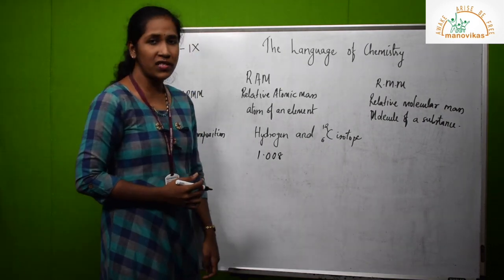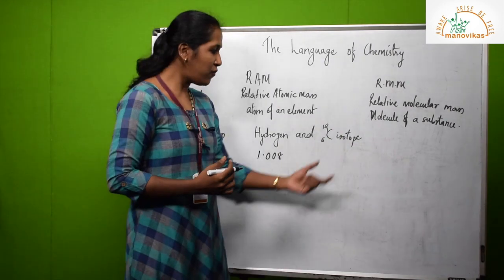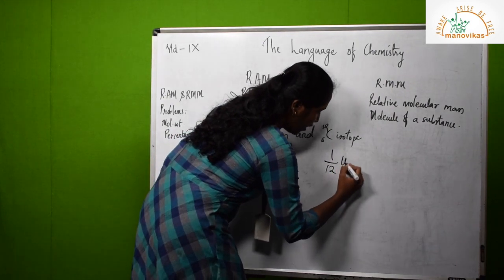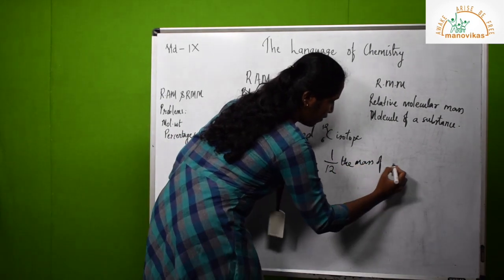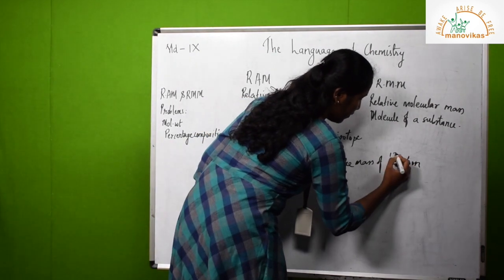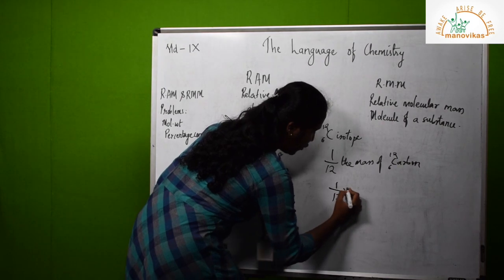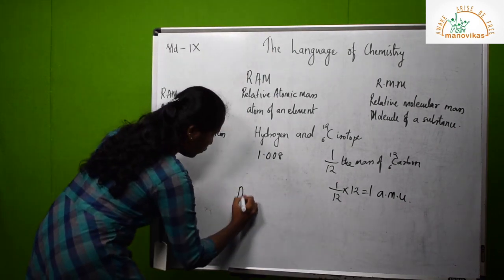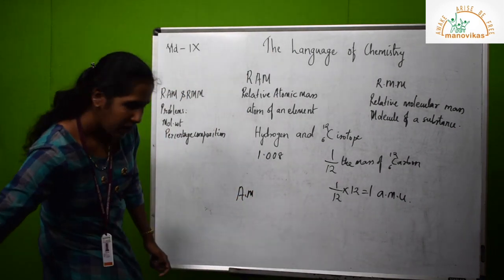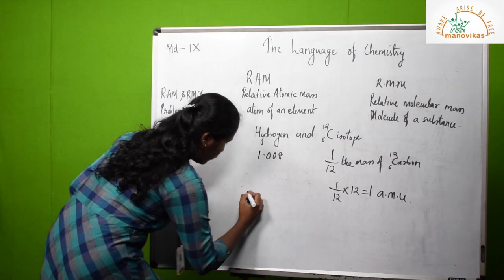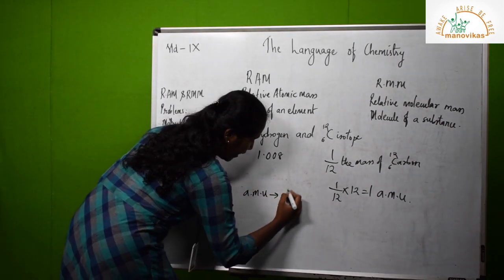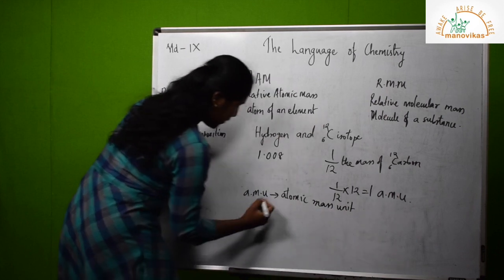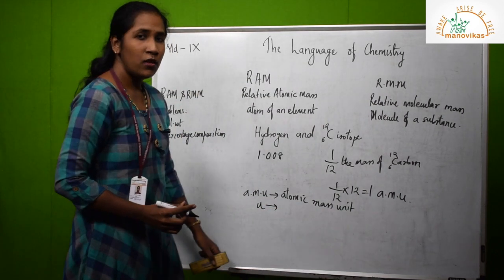Therefore hydrogen was discarded, and later the mass of the element was compared with the carbon 12 isotope, that is 1/12 the mass of carbon 12, that is 1/12 into 12, which comes to 1 AMU, wherein AMU is atomic mass unit, or as we can say U, that is unified mass.